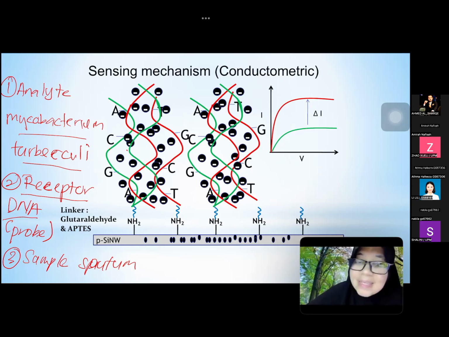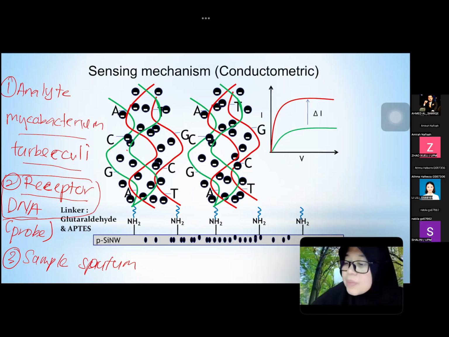The green DNA, imagine that they are the receptor, meaning we put it on the sensor, or the probe that is owned by the hospitals, which has been designed to represent Mycobacterium tuberculosis.